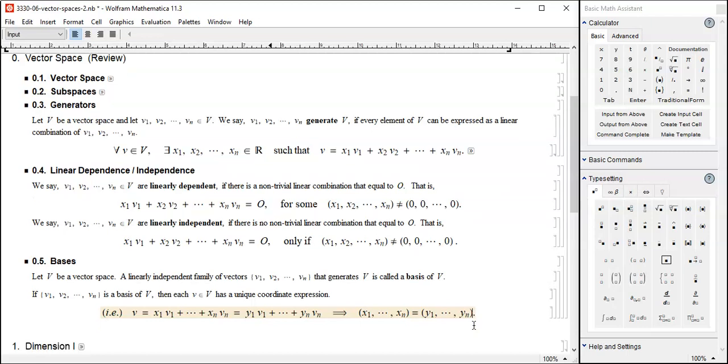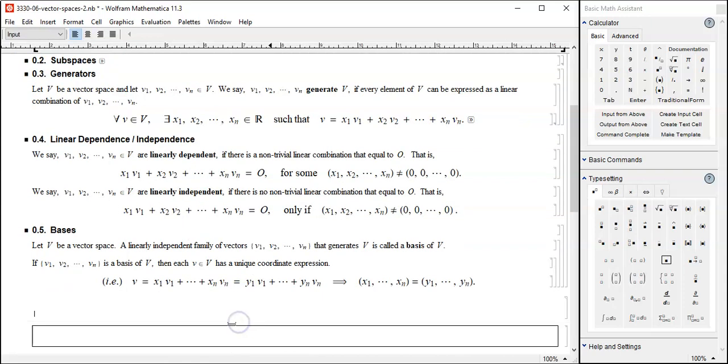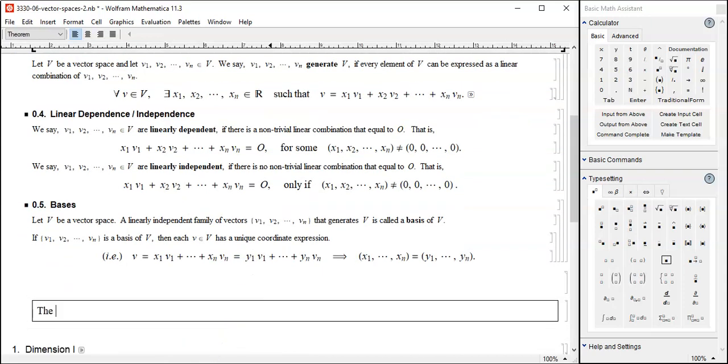It'll turn out that the maximal number of linearly independent vectors is the same as the minimal number of generators.